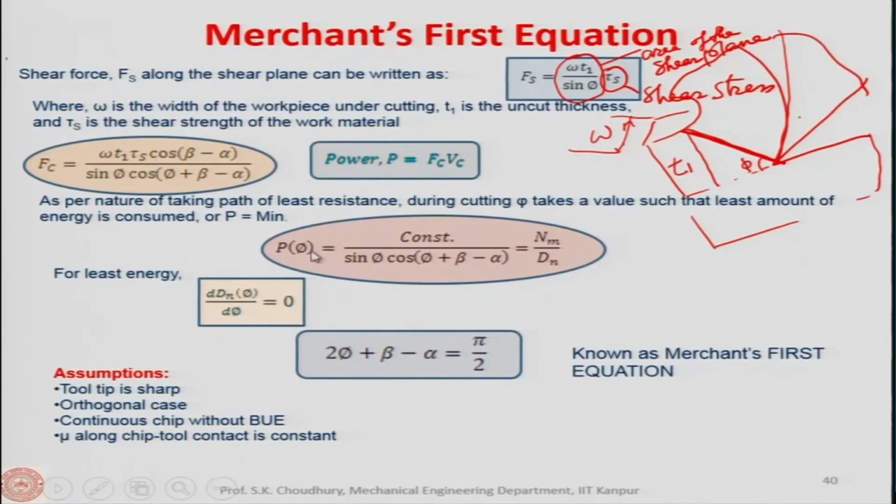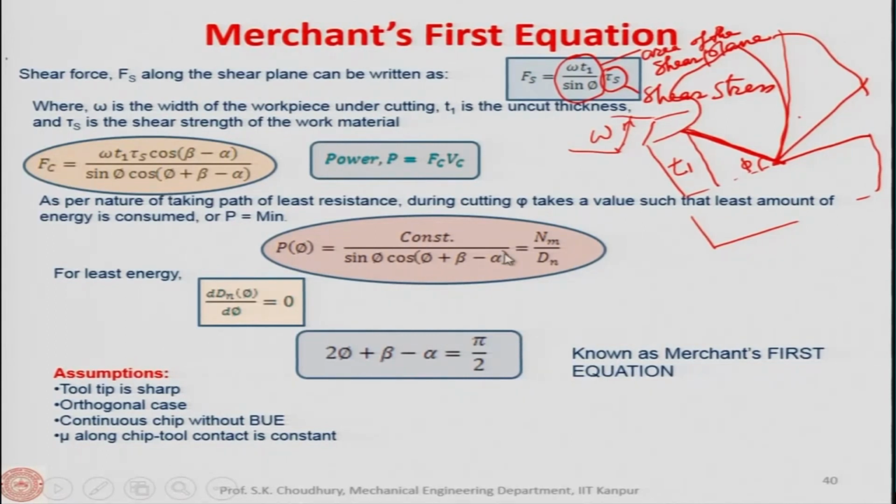Now, for the least energy, for P to be minimum, the first derivative of this equation has to be equal to 0. Because the numerator is constant, for P to be minimum, the denominator has to be maximum.